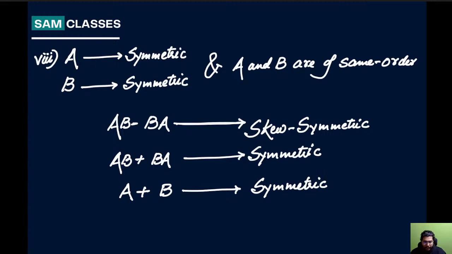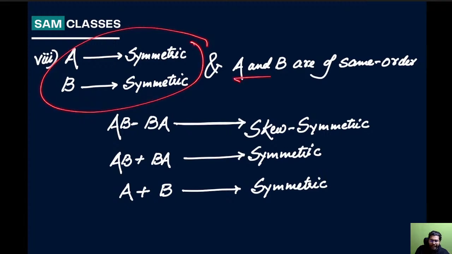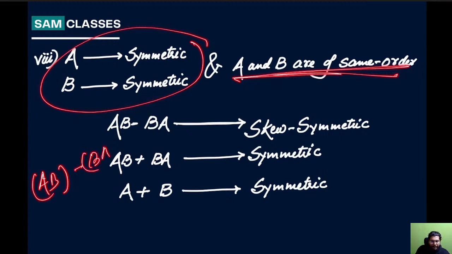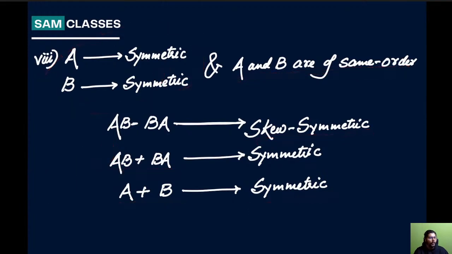If you add two symmetric matrices, you will always get symmetric only. But subtraction creates a skew symmetric part. Clear?